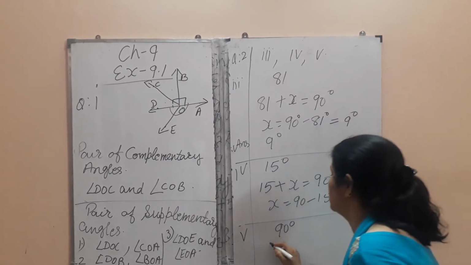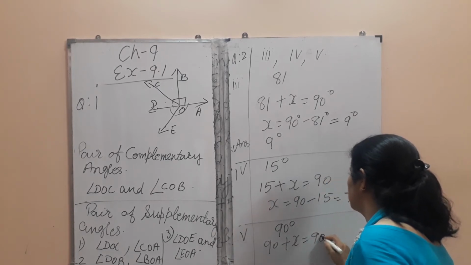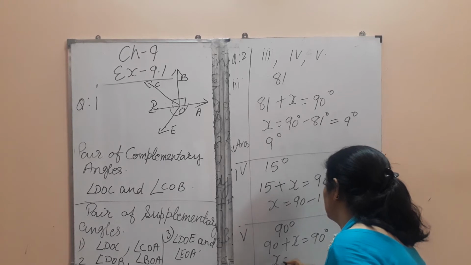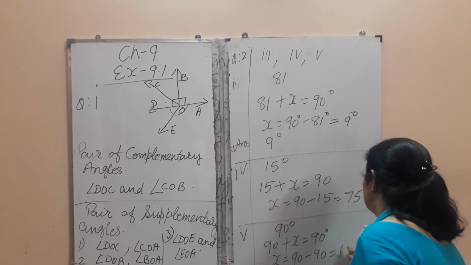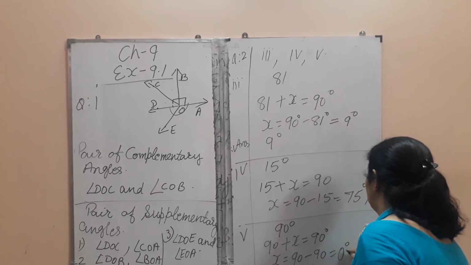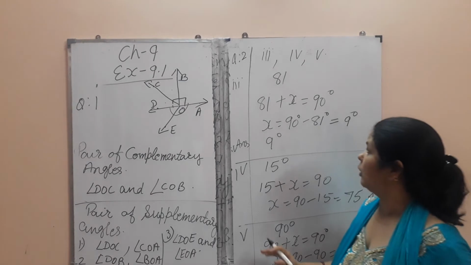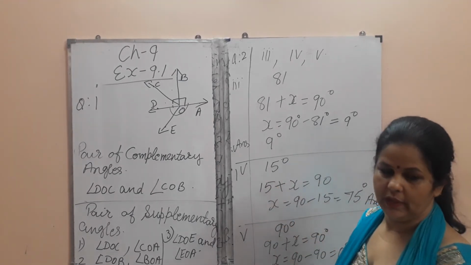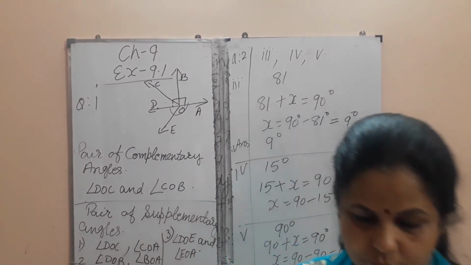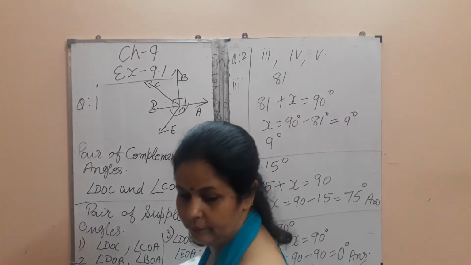Complement of 90 degrees: 90 plus x equals 90, x equals 90 minus 90 equals 0. So 0 degrees is the answer. So like this we will find the complement of the given angle. Understood?